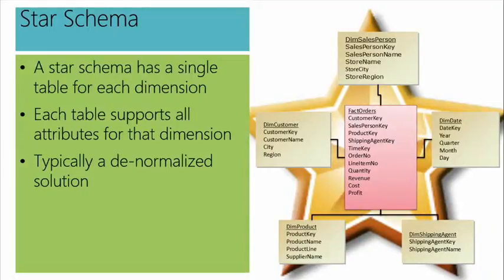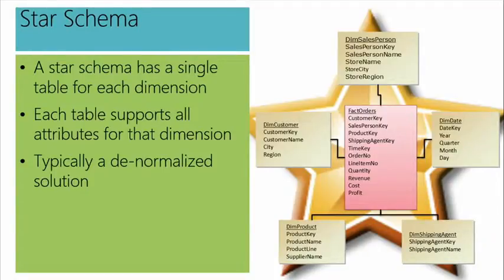So a customer dimension that's tied to a sales measure would provide meaning to who did the sale, who bought the product. Now, that means that every dimension table needs to have all of the attributes, all of the pieces of information about that dimension that describe the measure.